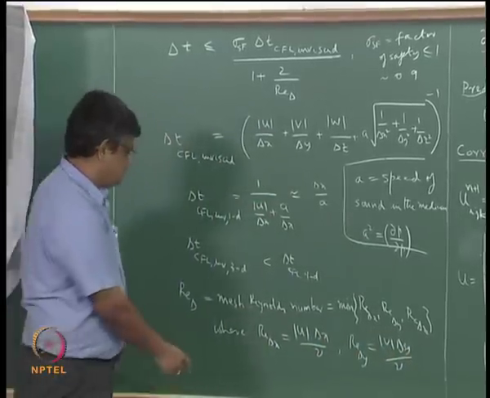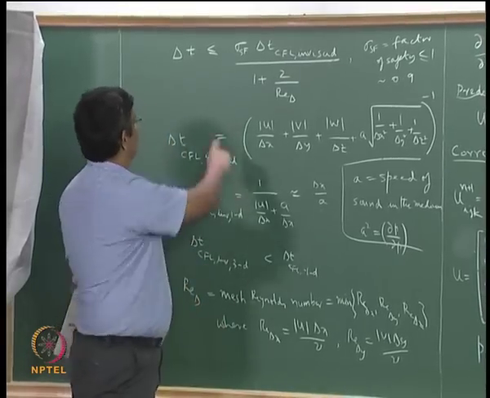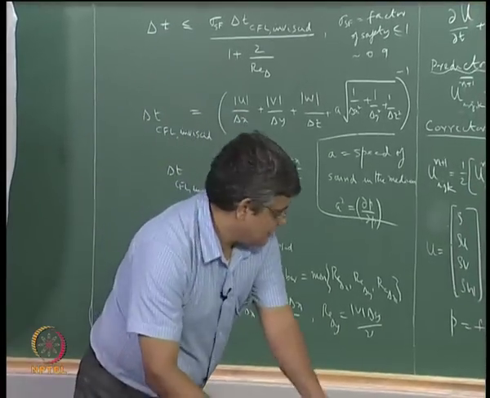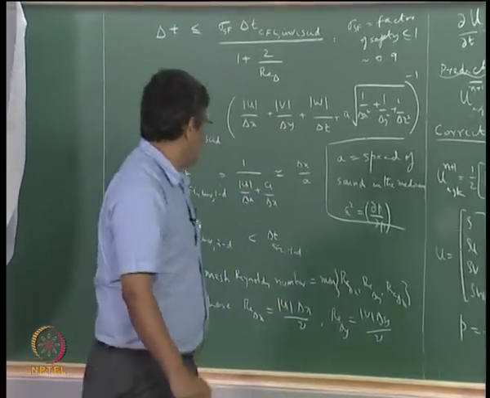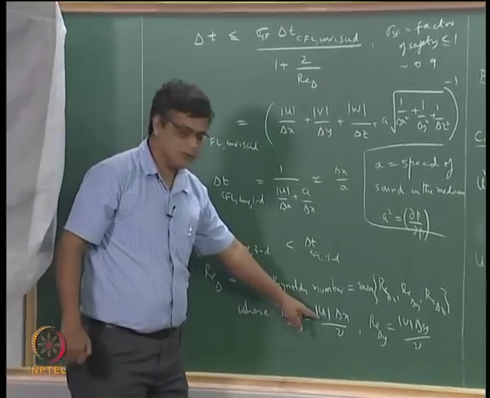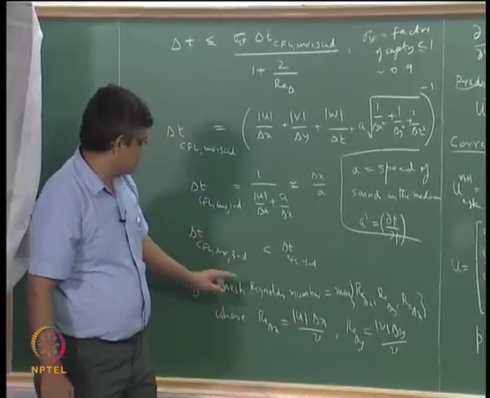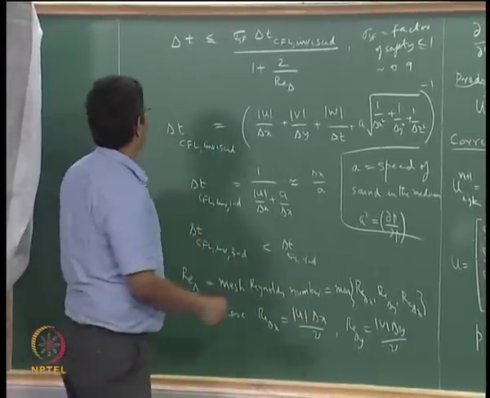So if you want to find the minimum delta t that you can use, it is highly dependent on the local values of u and the local grid spacing, so you evaluate at that particular point.